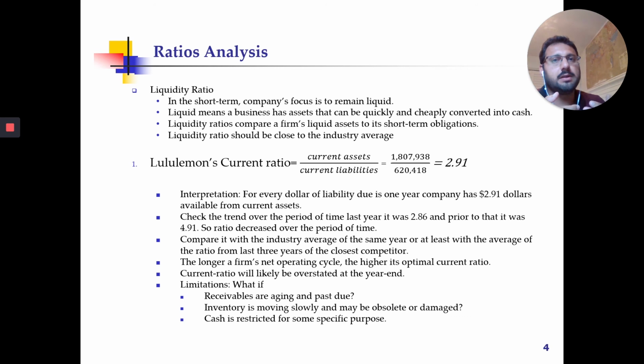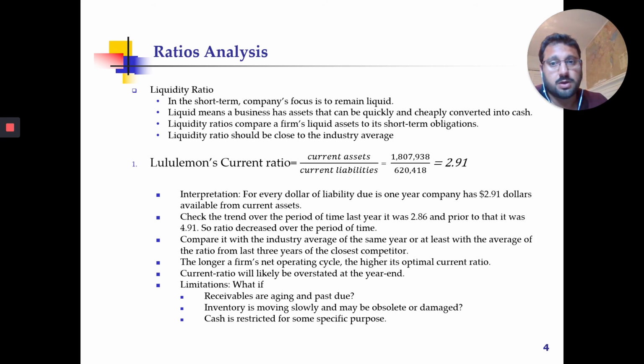There might be utility bills you have to pay, and if they are due within 30 days, you are more worried about them compared to any other personal financial objective. So those obligations coming due for a company within a 1 year period of time should be of most importance for the company. And we need to check through these liquidity ratios whether the company will be able to meet the obligations or not.